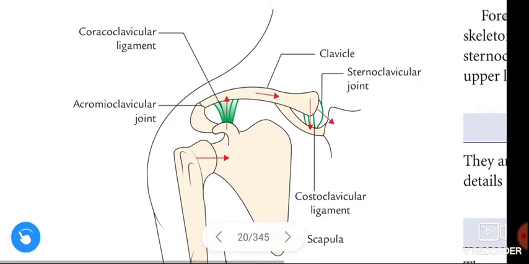First the coracoclavicular ligament transmits weight from scapula to clavicle, and next the sternoclavicular joint transmits weight from the clavicle to sternum. Are you able to see the sternum? This is the sternum. And next the costoclavicular ligament transmits weight from the clavicle to first rib. Okay guys, this is the transmission of weight of the upper limb.